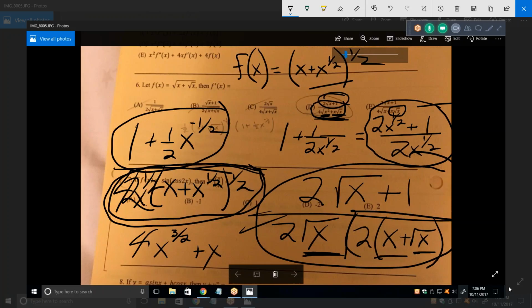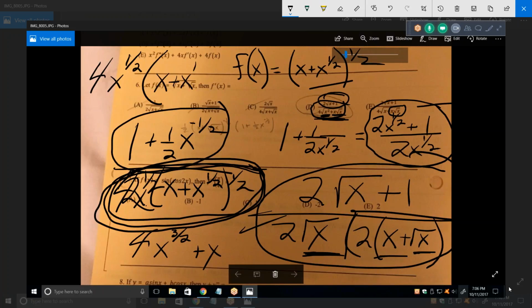That should be my denominator, what I've circled. Let me rewrite it: 4x to the 1/2 times x plus x to the 1/2, all to the 1/2. Well, what is that? That is 4 square root of x times the square root of x plus the square root of x.